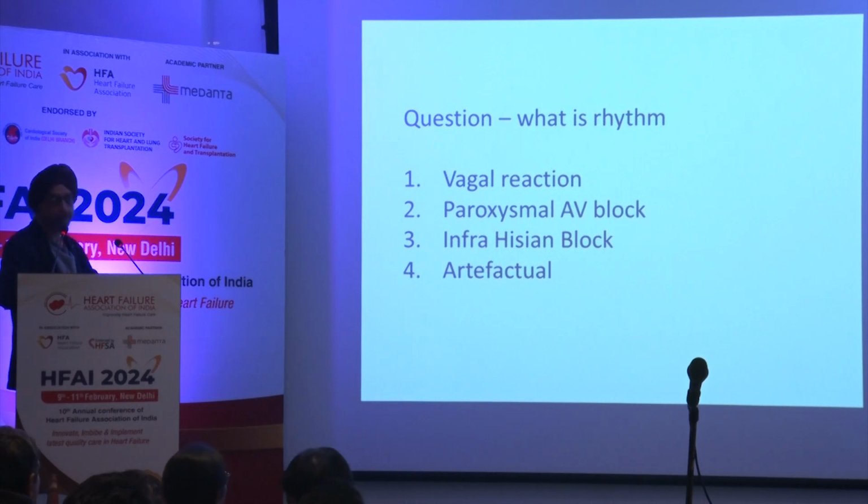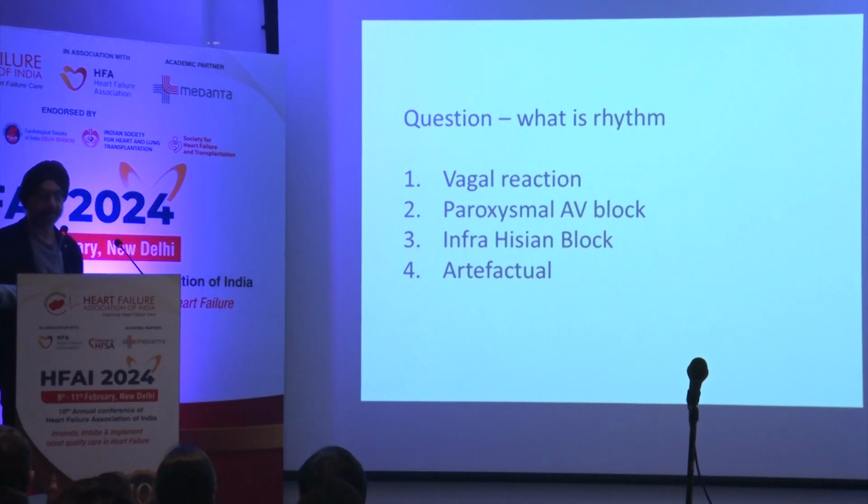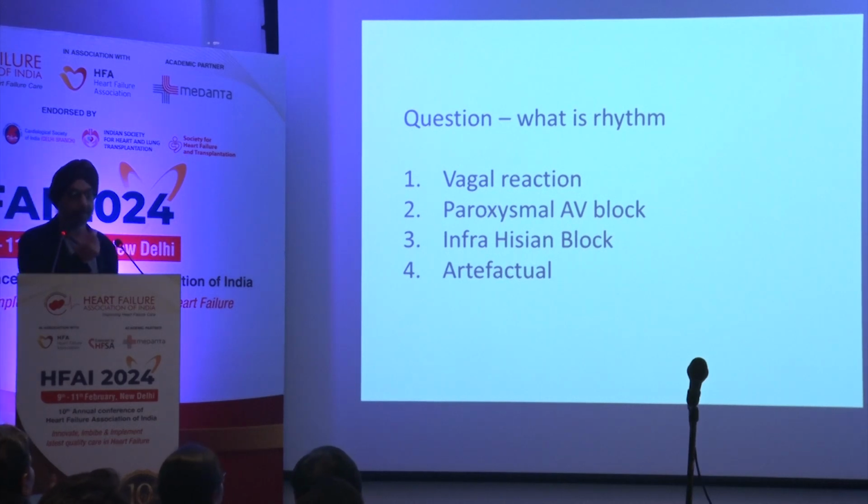So what are the things? Is it a vagal reaction? Is it a paroxysmal AV block? Is it an infrahisian block? Or is it an artifact? You have to take a decision for a 26-year-old lady.